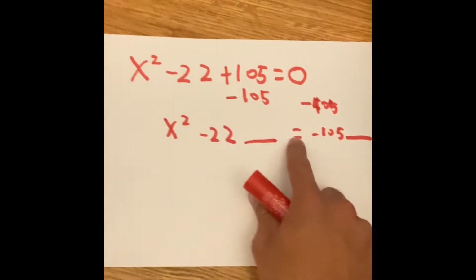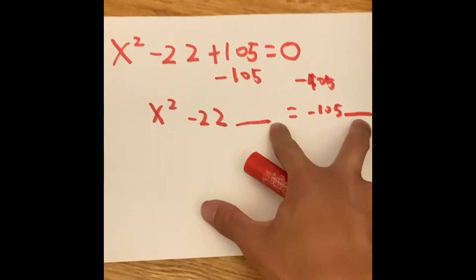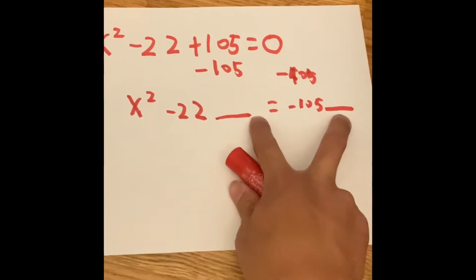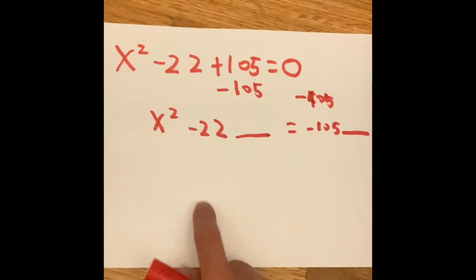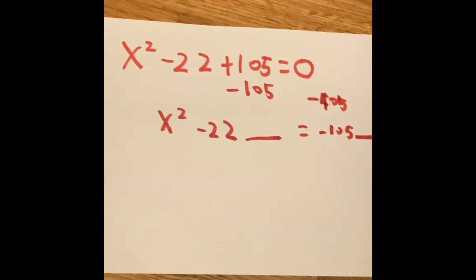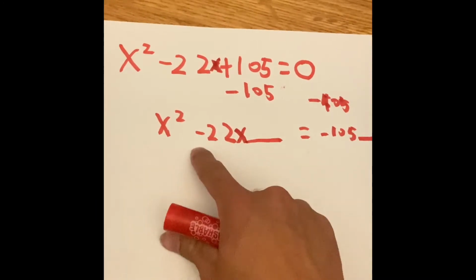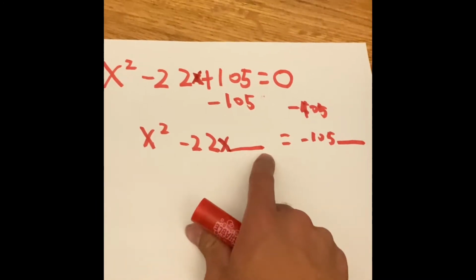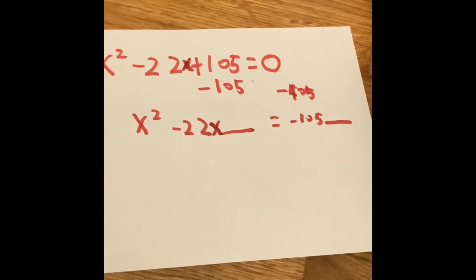The reason we use empty spaces is that it will help us toward our goal, finding two x's that can be inserted to make this equation true. So we have x squared minus 22x blank space equals negative 105 blank space.